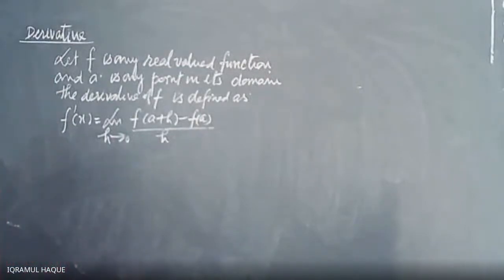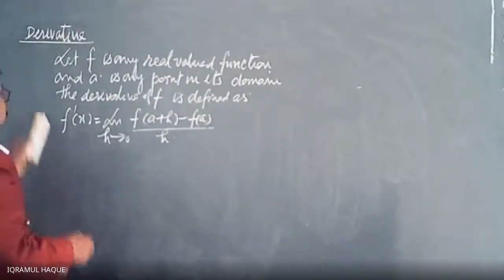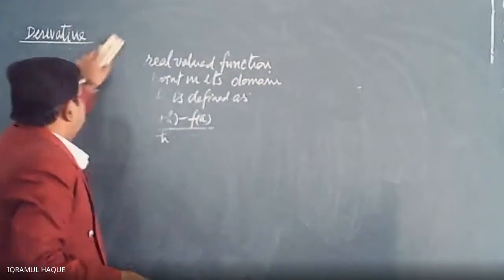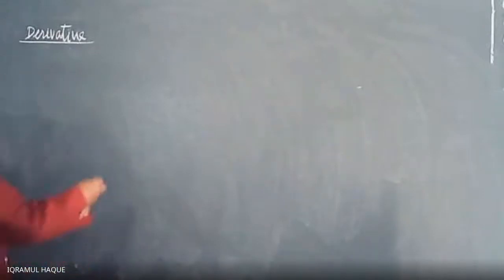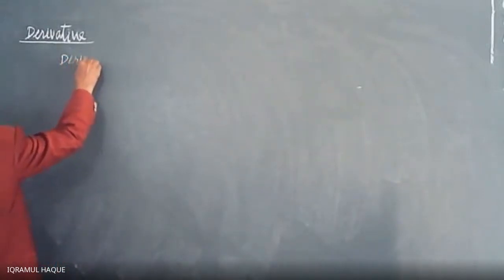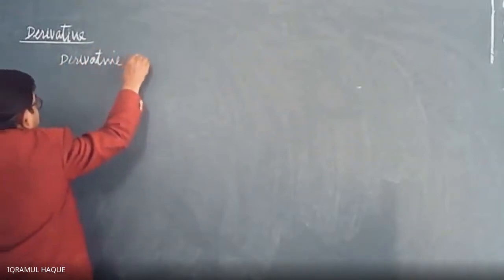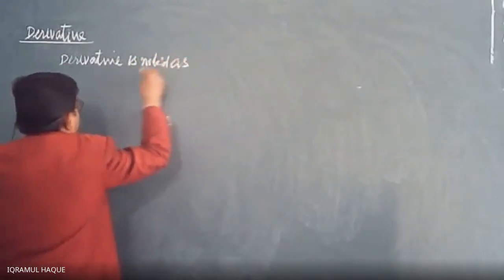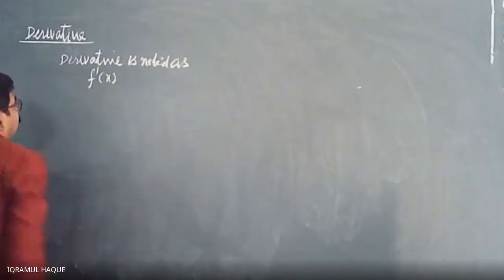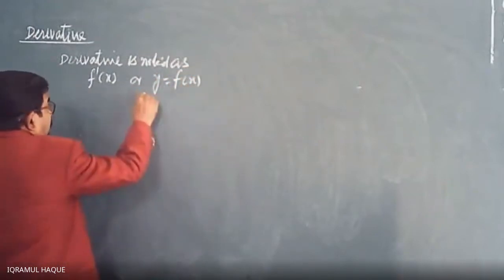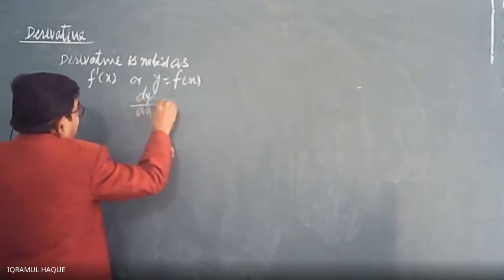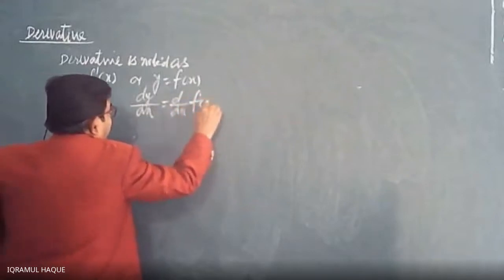Now it has different methods to write. See, derivative is noted as f dash x, or if we write the function y is equal to f of x, then dy upon dx is equal to d of dx of f of x.